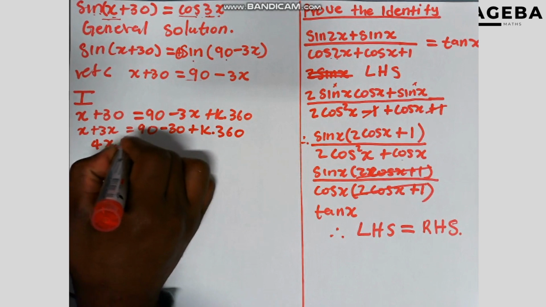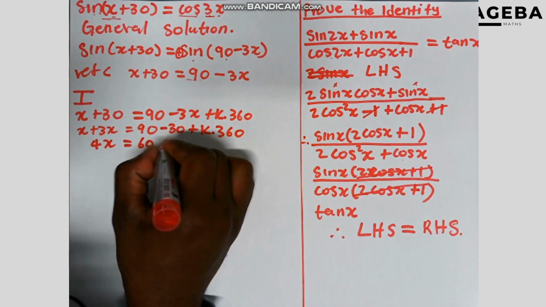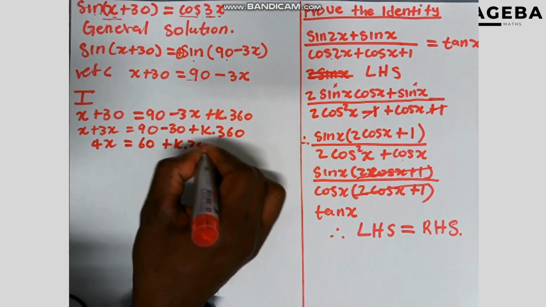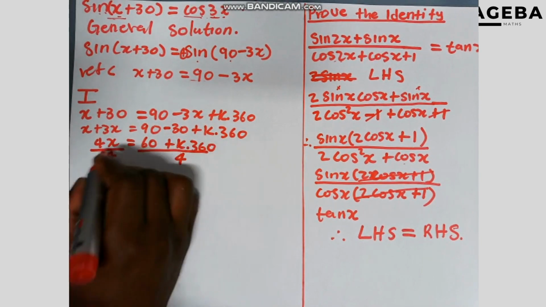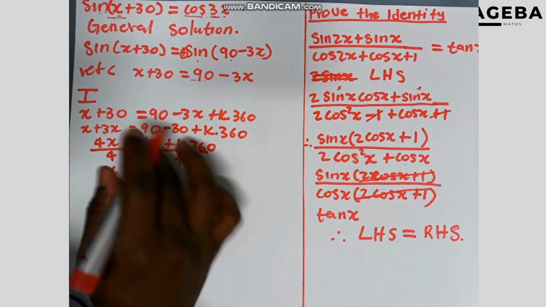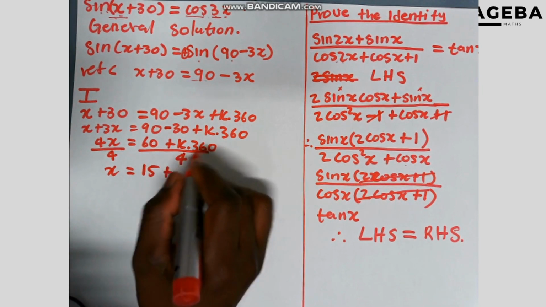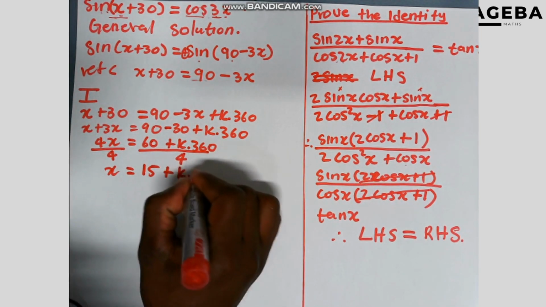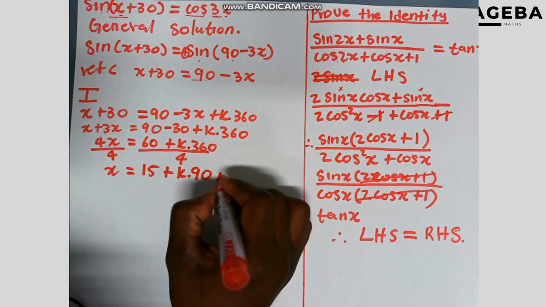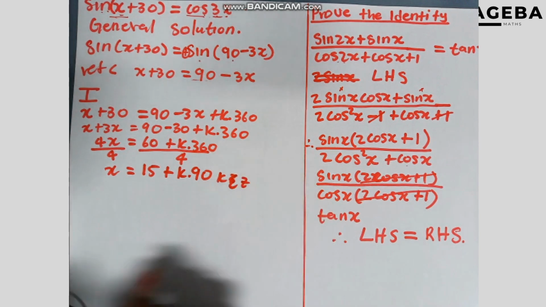Then I have 4x here. 90 minus 30 is 60, plus k times 360, and then divide both sides by 4. Then x equals 60 divided by 4, which is 15, and 360 divided by 4 is 90. So this is my general solution, where k is an element of the integers.